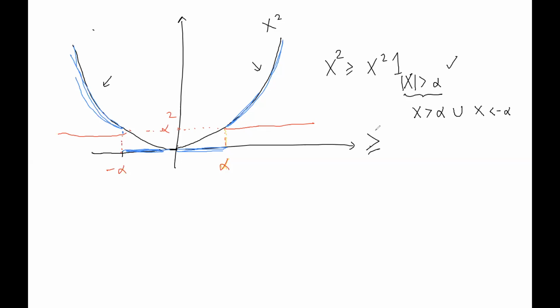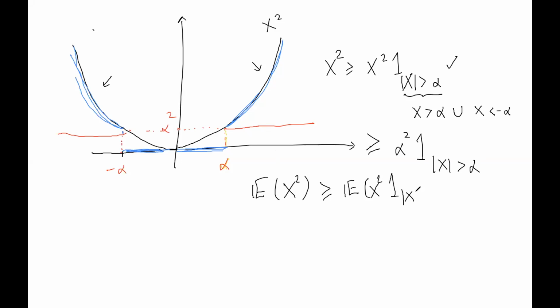And in turn, this blue line is greater than this red line. And this red line is alpha squared times the indicator of absolute x greater than alpha. And therefore, you take expectation on both sides. Okay.